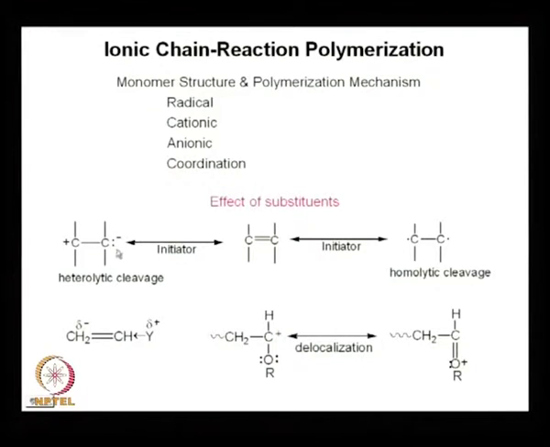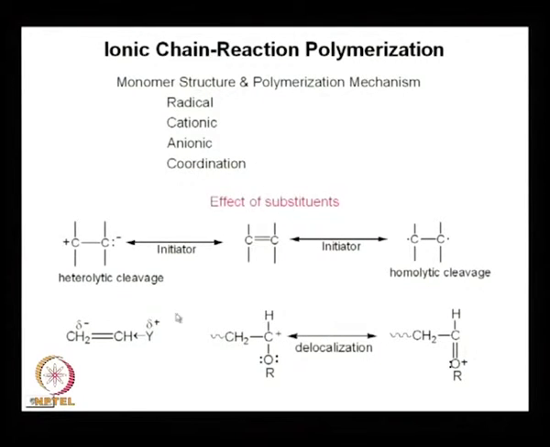Here you see the pi bond is polarized, positive side and negative side. This polarization will be affected by the presence of the substituents. Look at this molecule here. This is a substituent Y, and if it is electron donating type, this substituent will be a positively charged center, and due to increase in electron density in this pi bond area, this carbon will assume a partial negative charge.